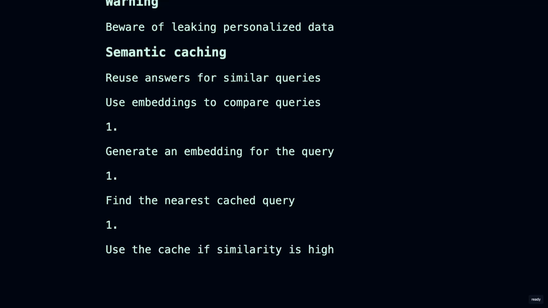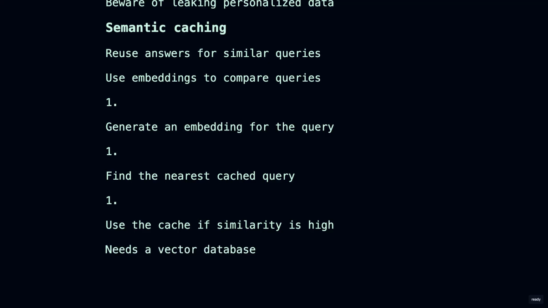If not, process the query normally, then save both the embedding and the result for future reuse. Because this depends on embedding search, semantic caching usually requires a vector database to store and retrieve the cached query vectors efficiently.